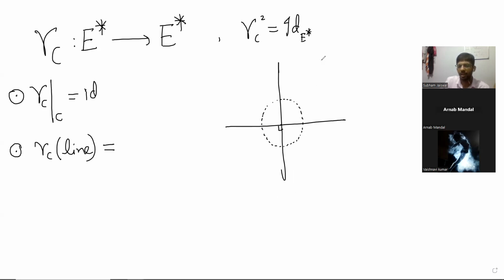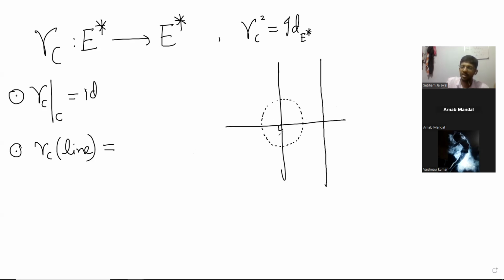If I take this line, can you tell me what happens to it under this function? Obviously, this line comes inside the circle. Correct?